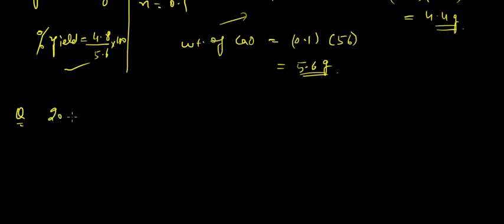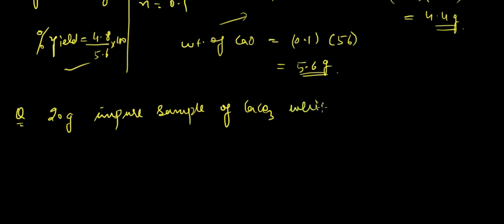So if we have a 20 gram impure sample of, let's say, CaCO3, which contains 10% impurity.